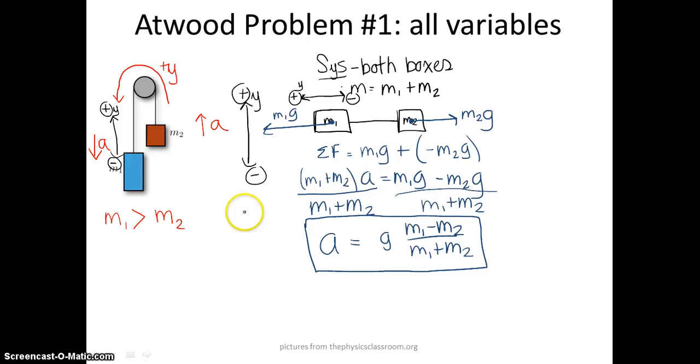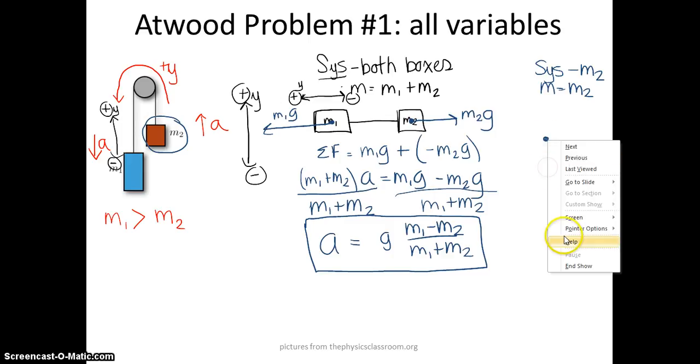Because if I take a look at either of the single blocks and I want to do a force diagram for them, for example, let me consider M2 here. Let me do a new force diagram where my system is only mass 2. So the mass of my system is just M2. My force diagram here is going to be M2G down.